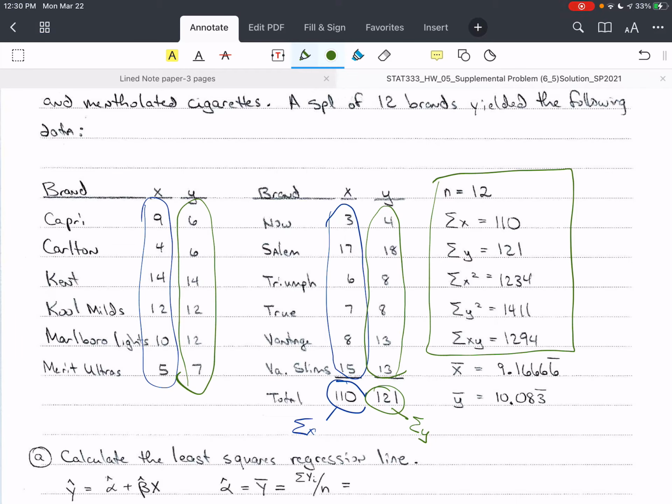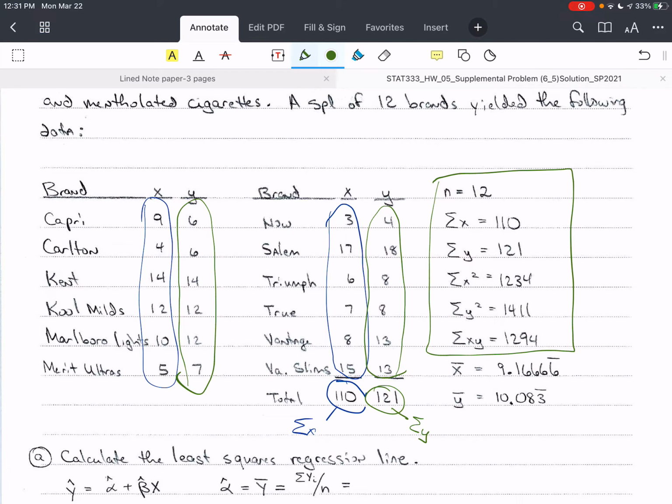So I've already put these in my calculator and hit the two variable stats.